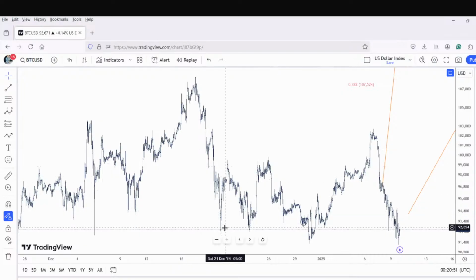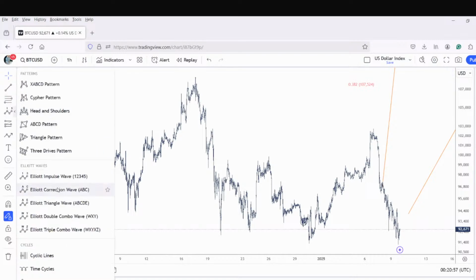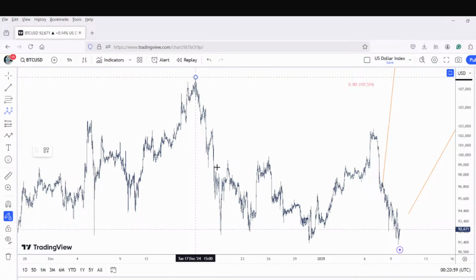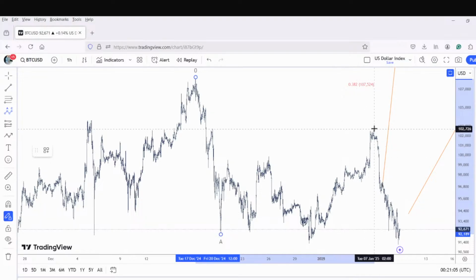That is a corrective pattern. Let me label it so you are aware. Maybe not on the intermediate side, but the degree should be minute here.